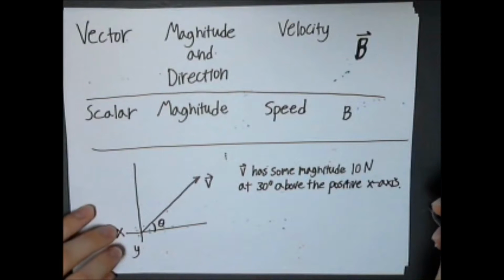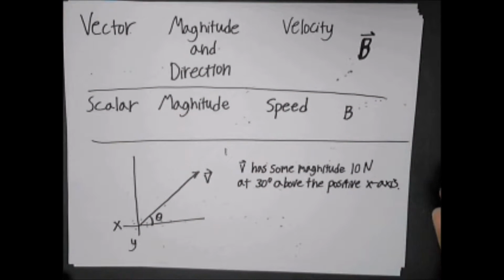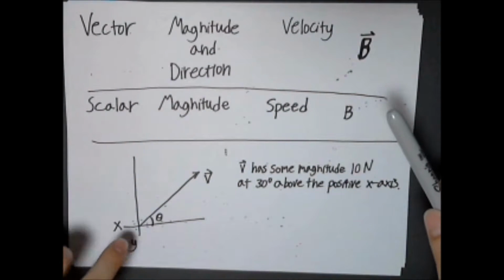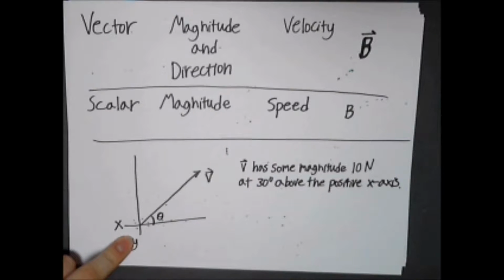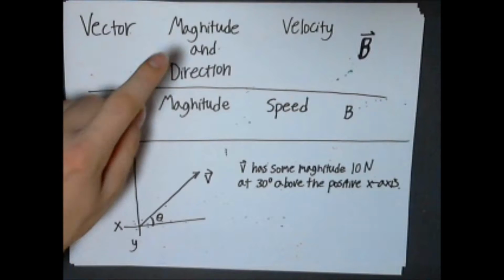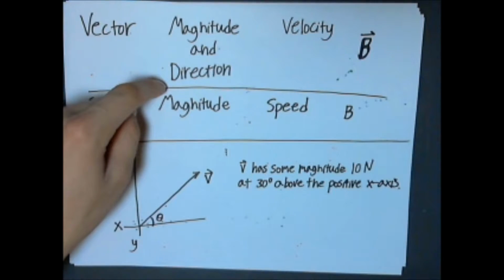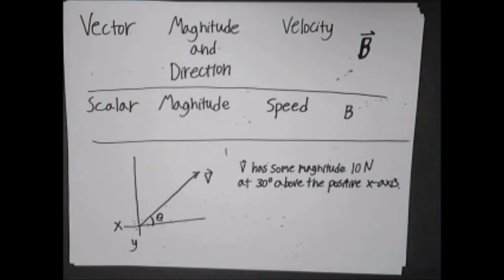Now you might notice when describing this vector, we do not describe where it is in space, and this illustrates a very important property of vectors, that they only have magnitude and direction intrinsically. They do not have a defined location in space.